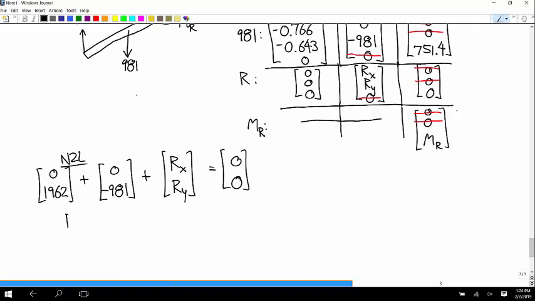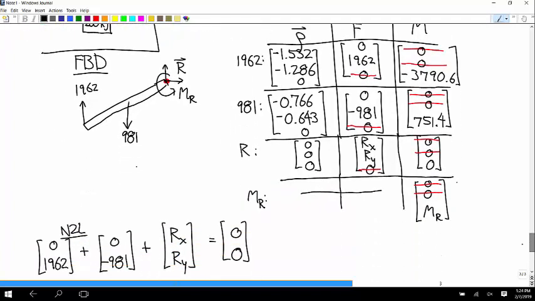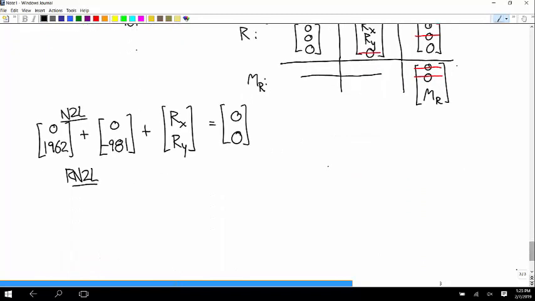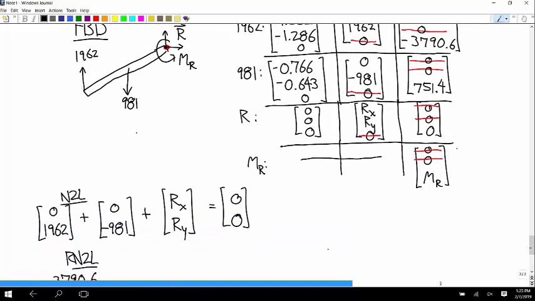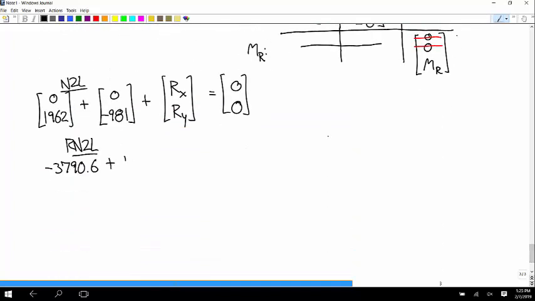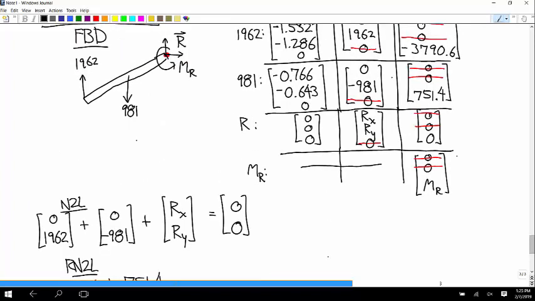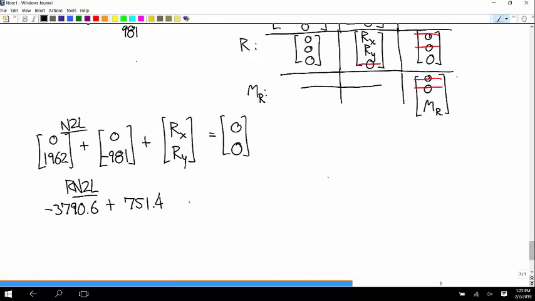And now the moment equation, rotational Newton's second law. I'm going to add up all the z components because we're in the plane. So we have negative 3790.6, positive 751.4, zero plus MR is equal to 0.